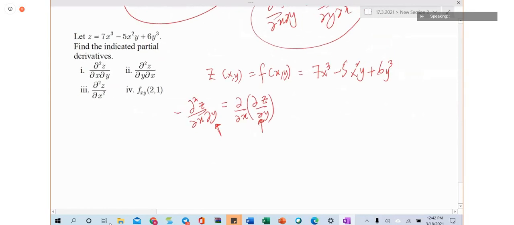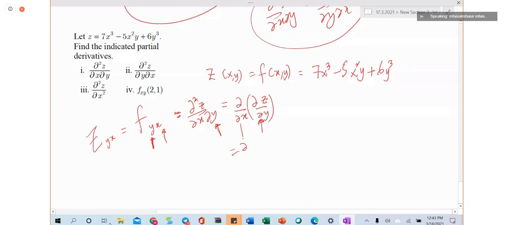This is the same as f y. You have to differentiate with respect to y first. So differentiate this function with respect to y first.